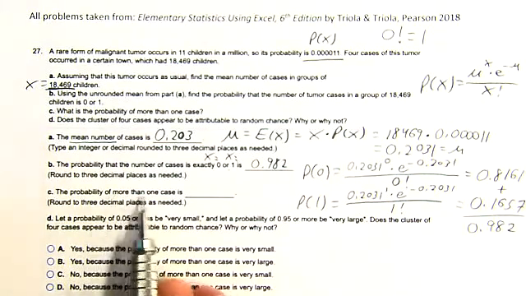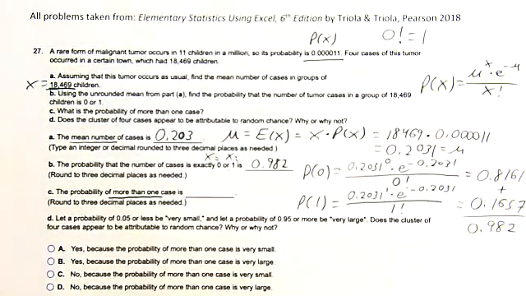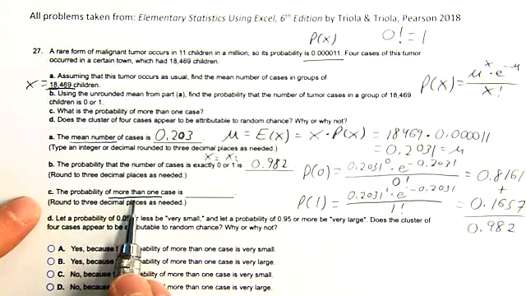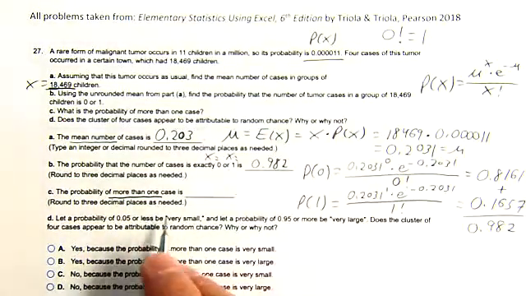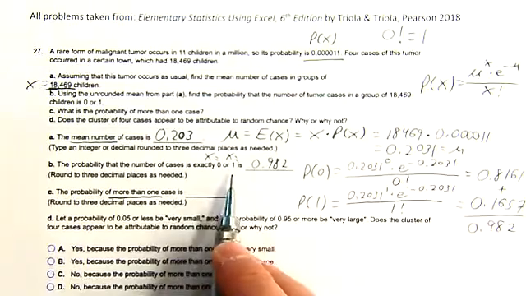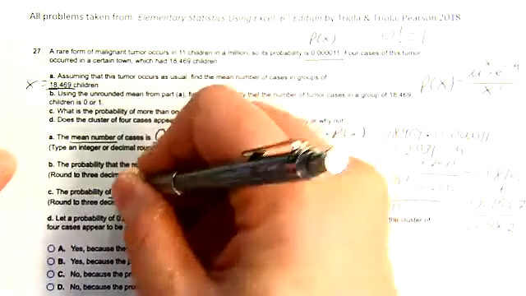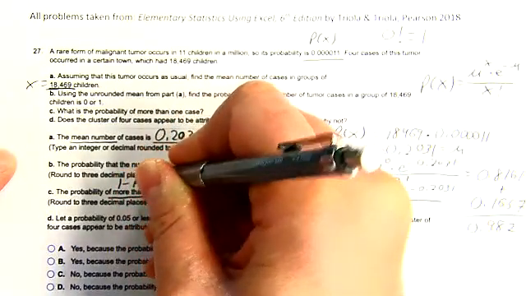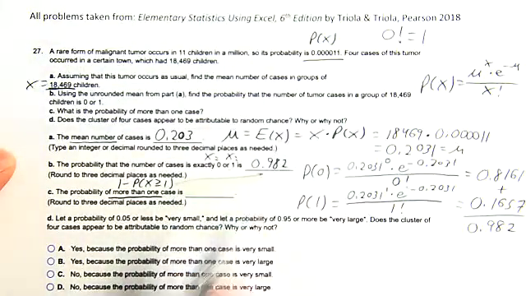The probability of more than one case would be the probability of 2 tumors plus 3 plus 4 plus 5, all of the other ones. And if you recall, the way we handled this before was the probability of at least 1 is equal to 1 minus the probability of none. So in this case, to calculate this, you would take 1 minus the probability we just found.